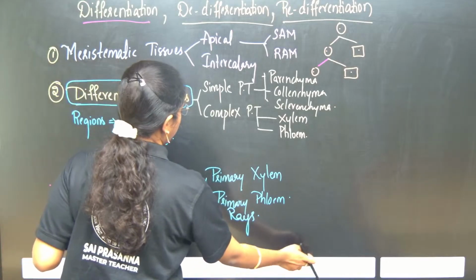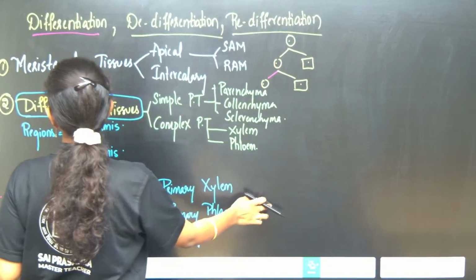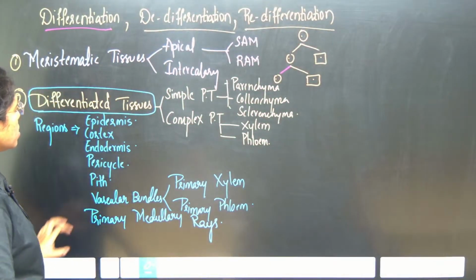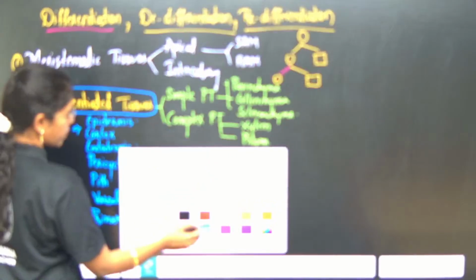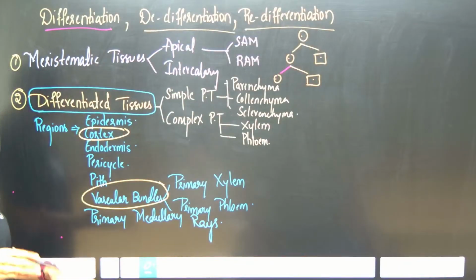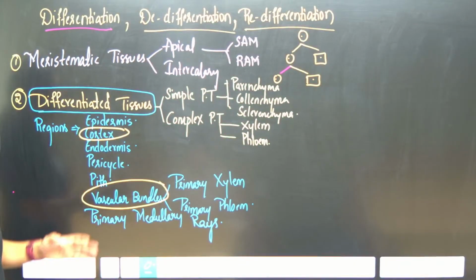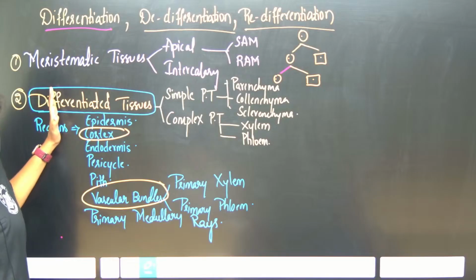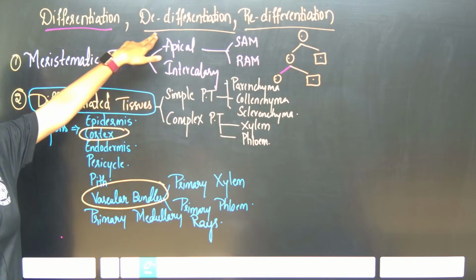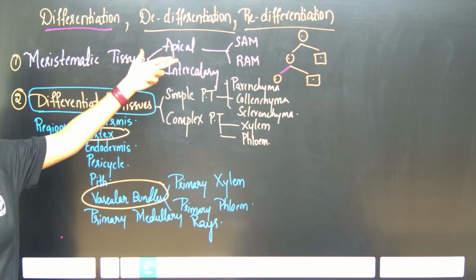Now you see, of these regions, in the cortex region and vascular bundles region, few of the cells are getting meristematic, means they are losing the activity of differentiation, they are gaining the meristematic activity. So that is why we call them as what? De-differentiation.